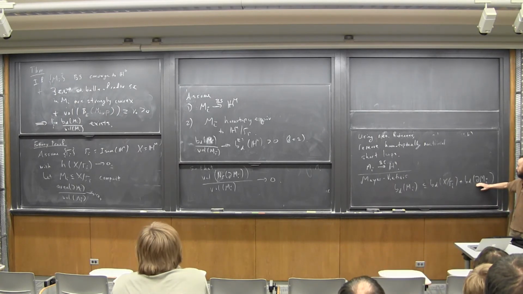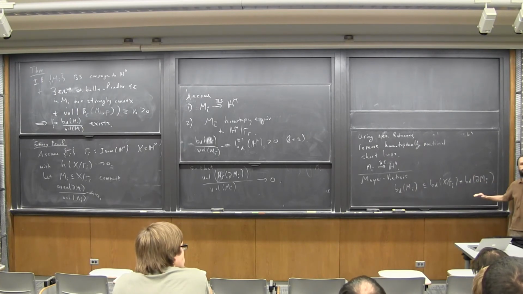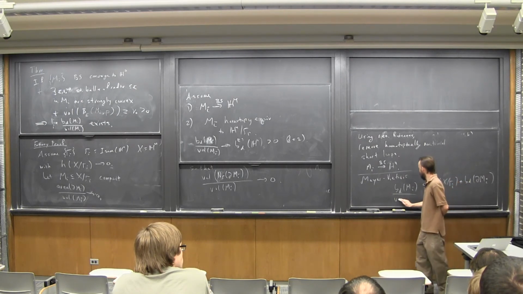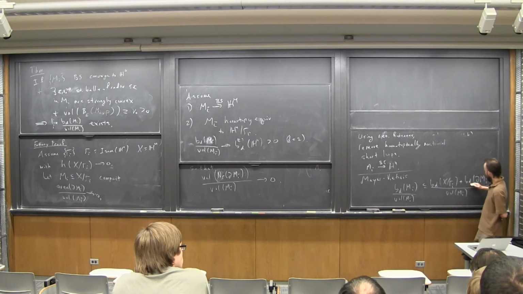Now the boundary might be complicated, but it has small area. And if we take the radius R neighborhood for any R, that still has small volume relative to the whole. So when we divide by the volume of M_i, this last chunk is just going to go away.